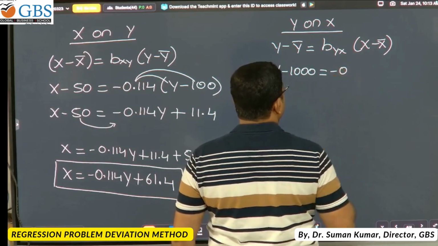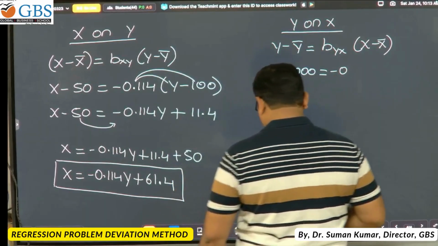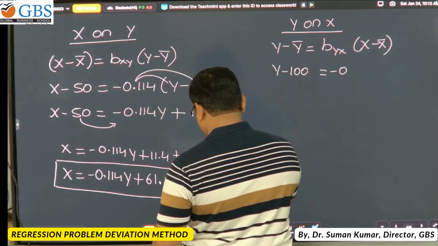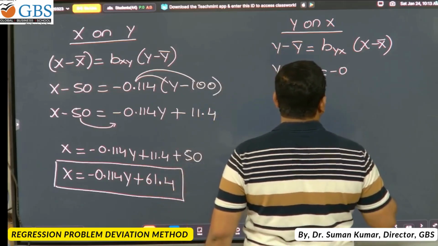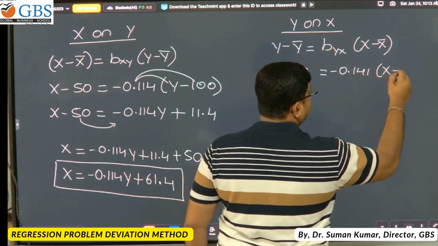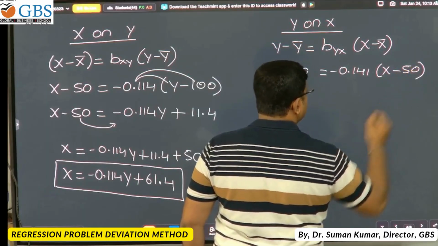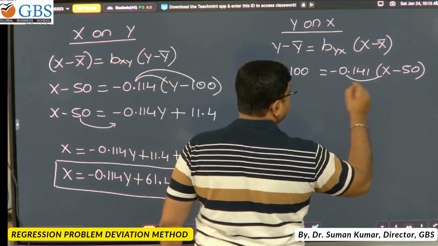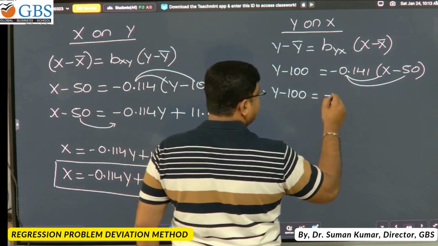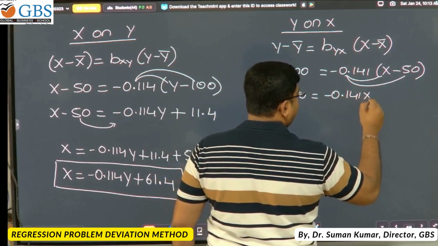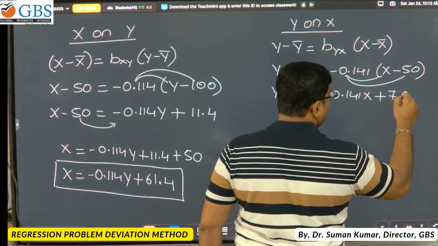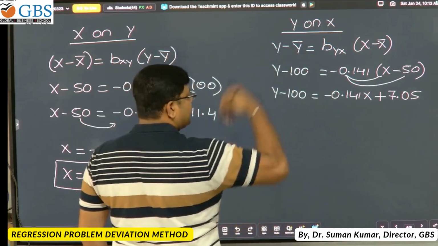Minus 0.141 into x minus x bar, which is 50. Okay, now you have to multiply these two, open up the bracket, minus 0.141 x plus 7.05, minus 100 on the right hand side.